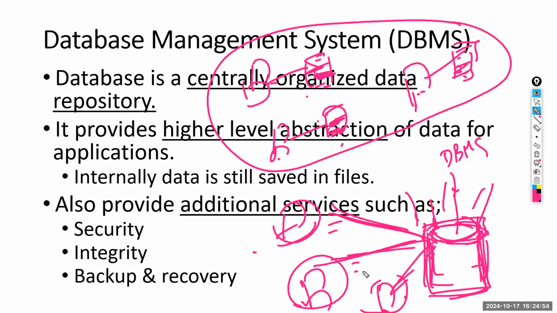Also, in order to communicate with the database, we have a standard language called SQL. Whether you are developing a PHP program, a Python program or a Java program, you can use SQL, structured query language, which is a standard thing.